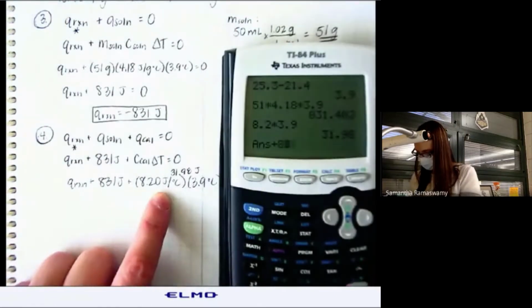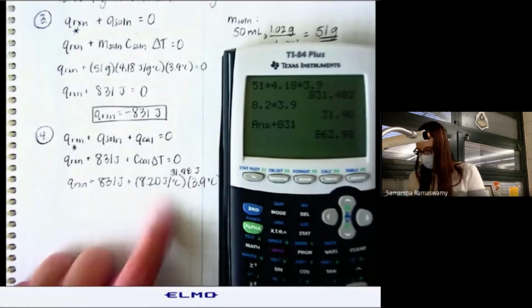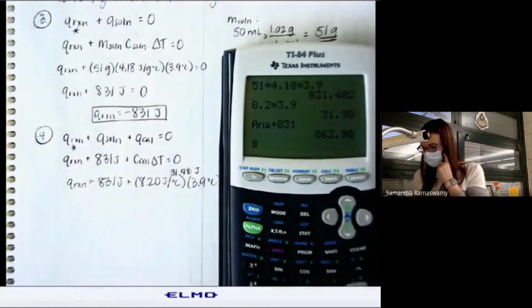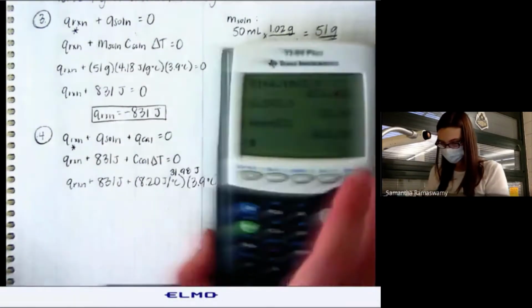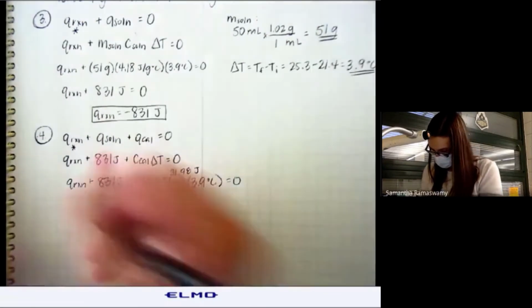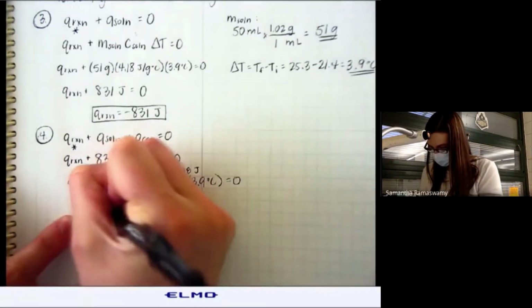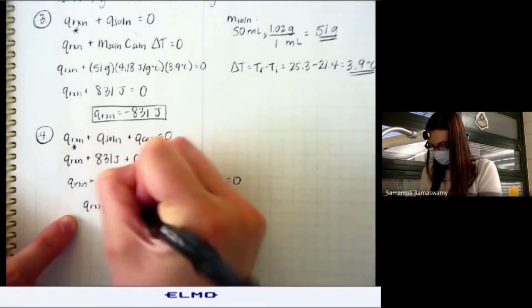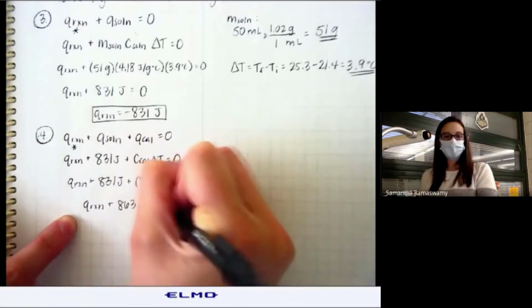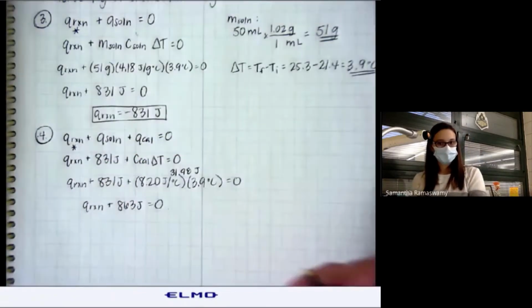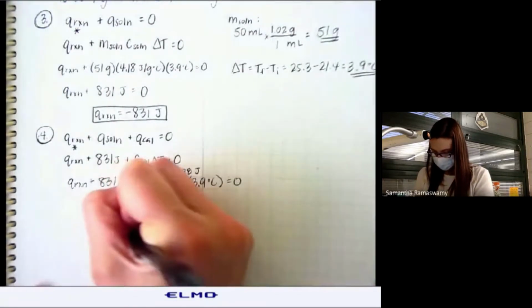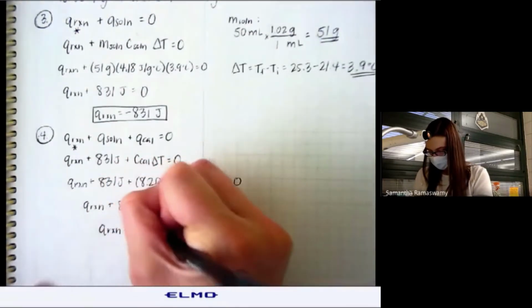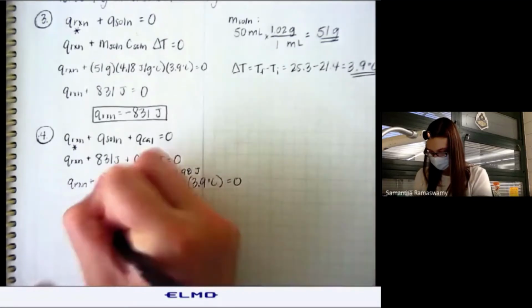Plus 831. So if I keep it to 3 sig figs, 862.98 is going to round to 863. So Q reaction plus 863 joules equals 0. So now Q reaction is negative 863 joules.